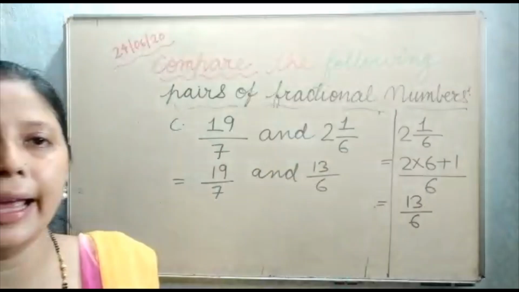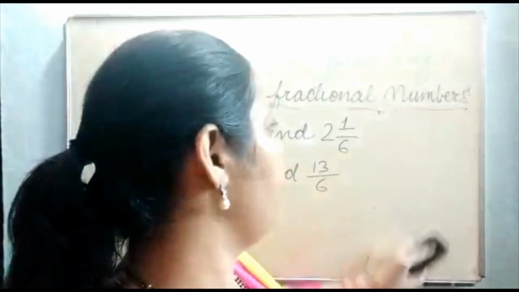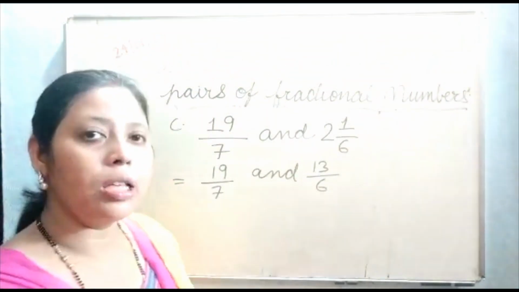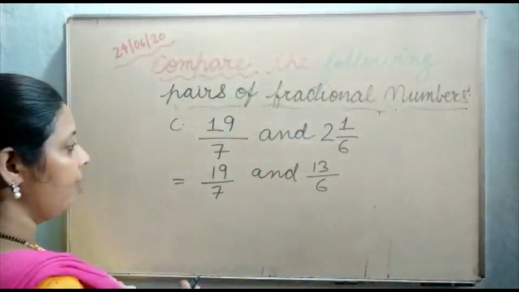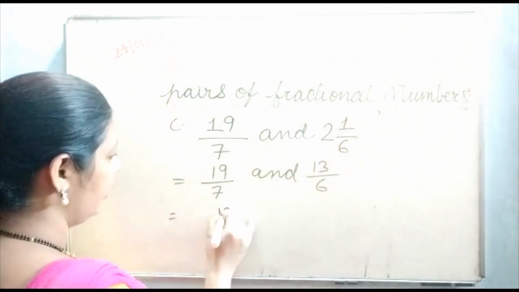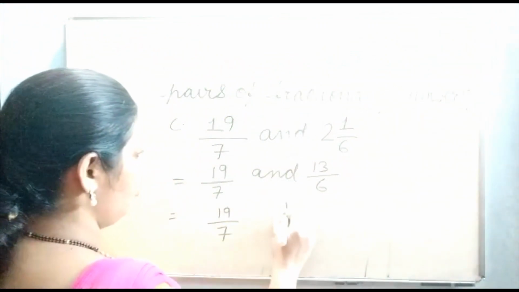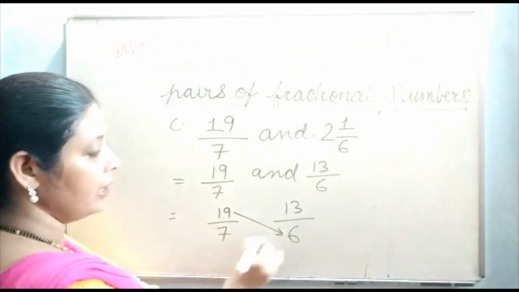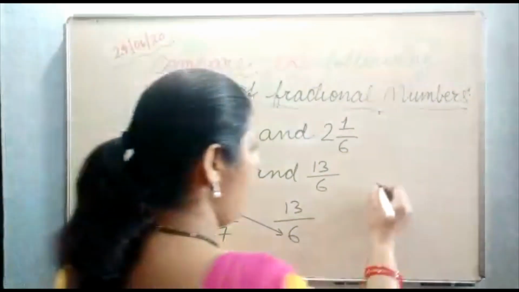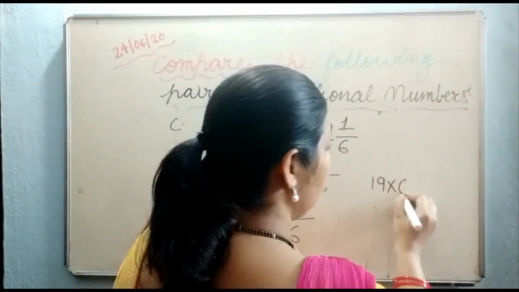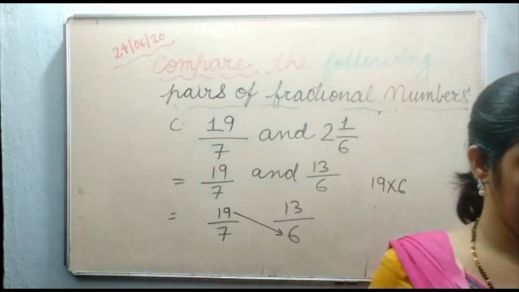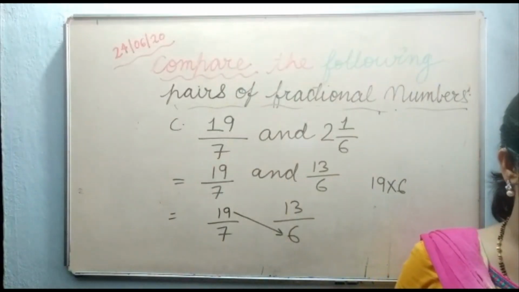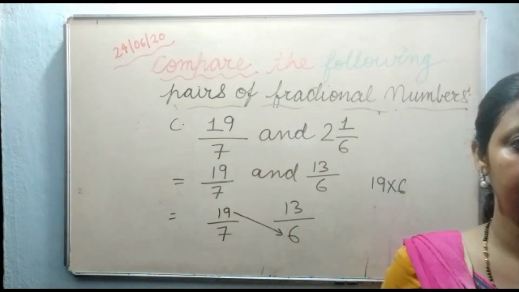In the previous video I taught you how to compare unlike fractions. So by the cross multiplication method, I will see which one is greater. I taught you, put an arrow from 19 to 6, and 6 times 19 you have to calculate. What is 6 times 19? It is 114.